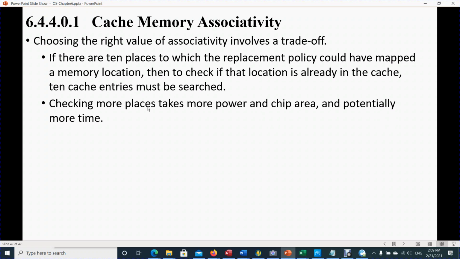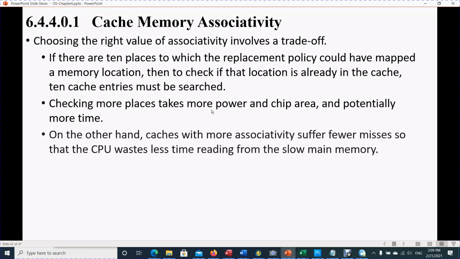And checking more places takes more resources and more time. On the other hand, more associativity gives fewer misses, and so less time reading data into cache.